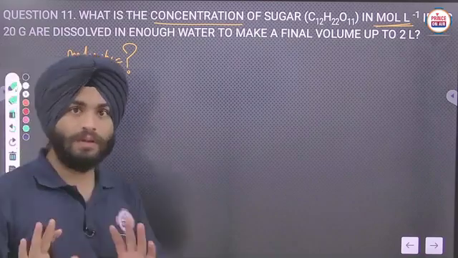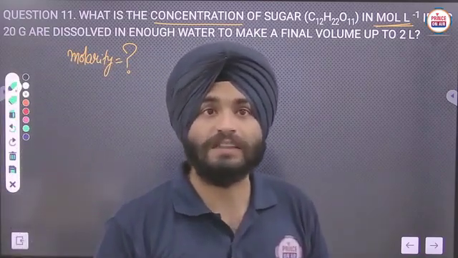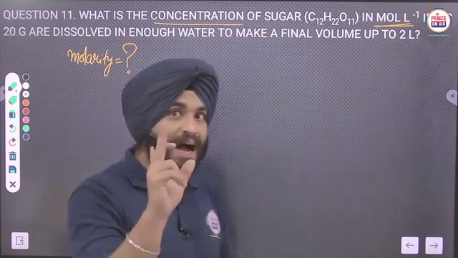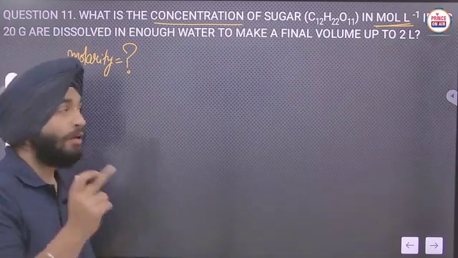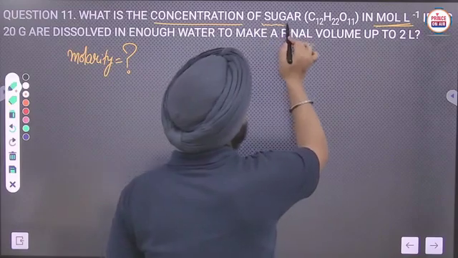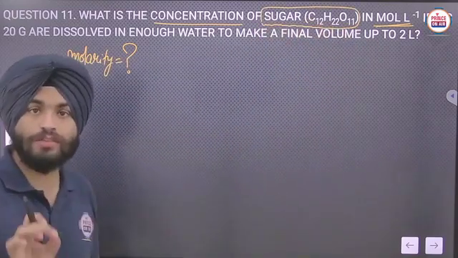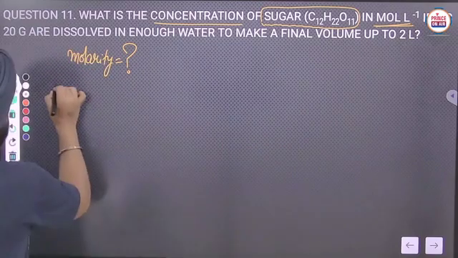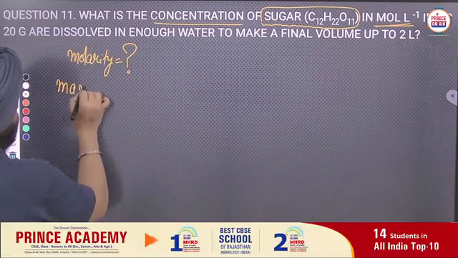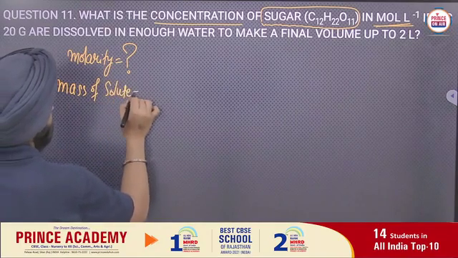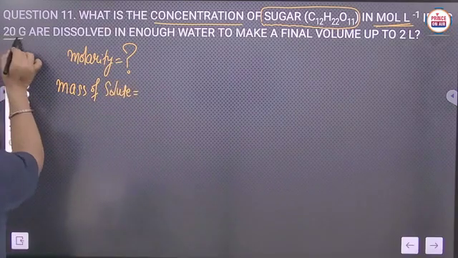Now, if its 20 gram are dissolved, listen carefully, the mass of the given solute, the solute here is sugar. So the mass of solute is given to you, that is 20 gram.